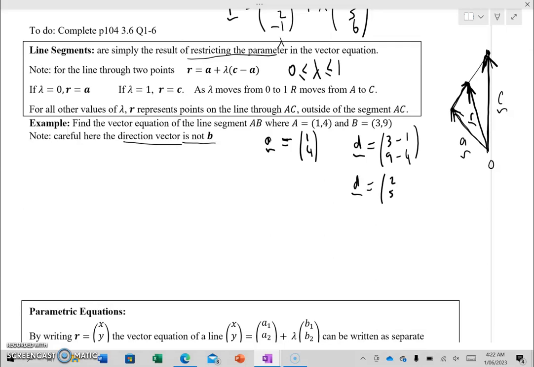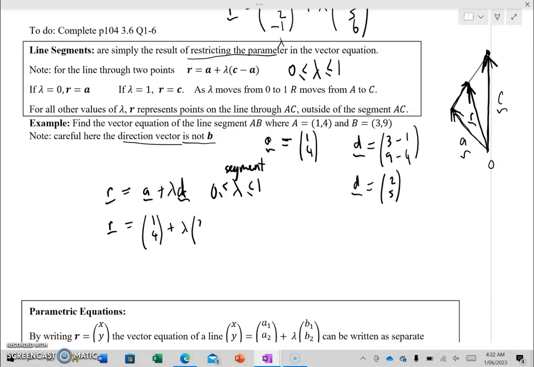So (2, 5). Therefore, my line segment is going to be A plus lambda D, where lambda goes between 0 and 1. That'll give me the segment. So it's going to be (1, 4) plus lambda times (2, 5).